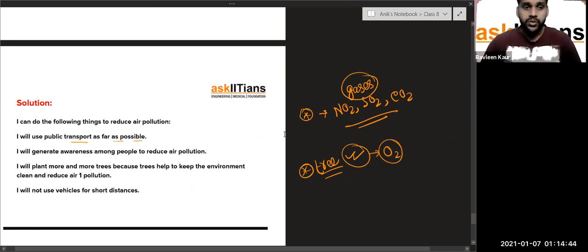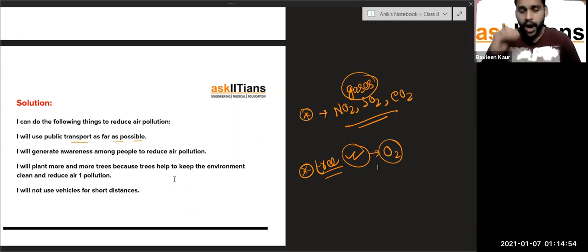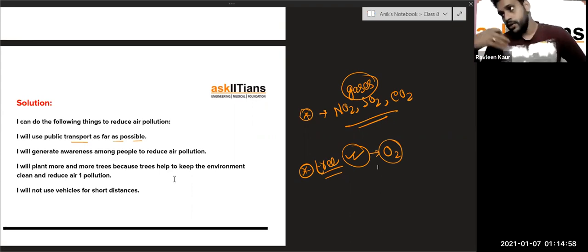I will not use vehicle for short distance. If you have to go a short distance, you would walk for it, you would take a cycle for it. But don't take your motorcycle or your car for this sort of reasons. If you have to go somewhere that is far away from where you live, you should go in your car or your motorbike.